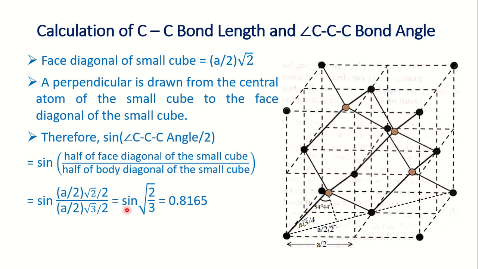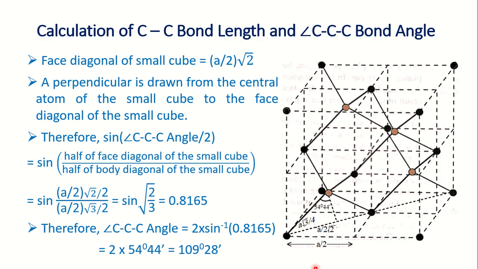Now this is nothing but sine root over 2 by 3, and the value is 0.8165. The sine inverse of this value is the bond angle divided by 2. Therefore, if you multiply 2 with this sine inverse value, you will get the original bond angle.